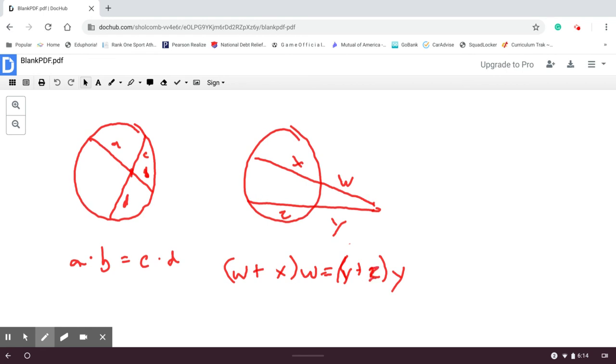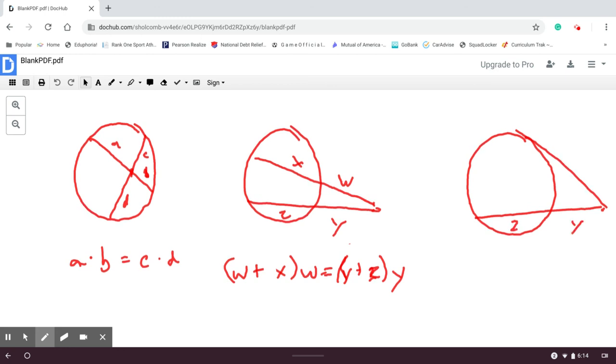And then finally, you've got one other example with some tangent lines. So here's our circle. Here's one tangent, and it intersects this one that is non-tangent outside the circle. So we've got a tangent line and we've got a non-tangent line, or line segment, I guess I should say.